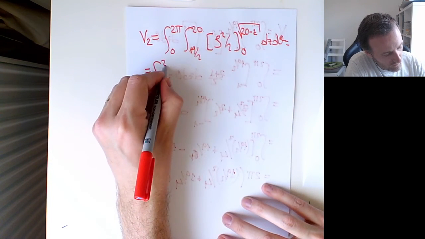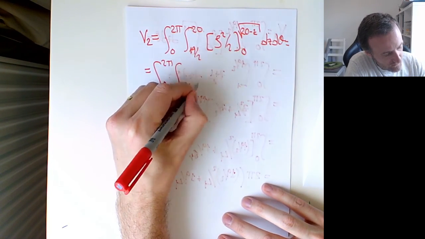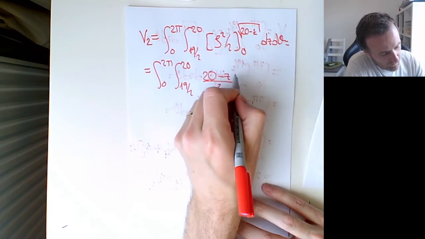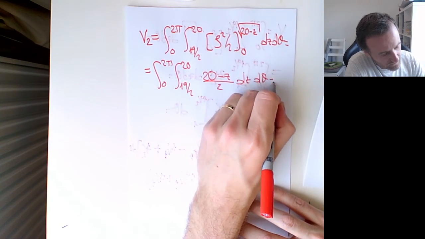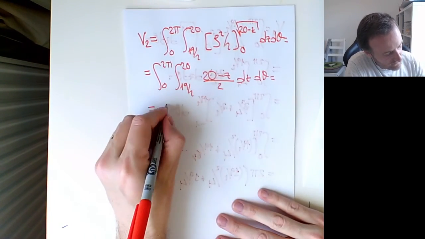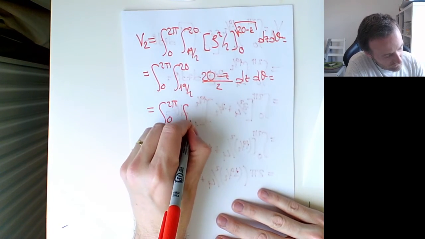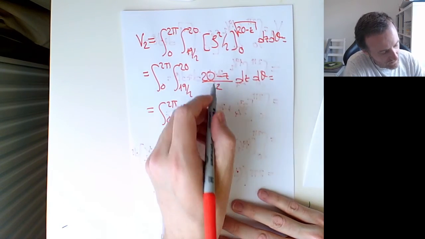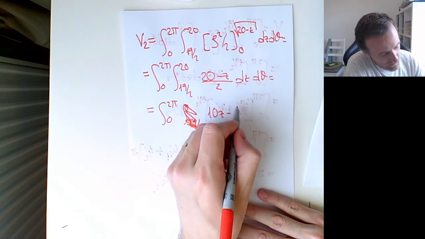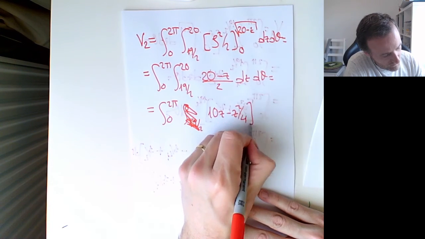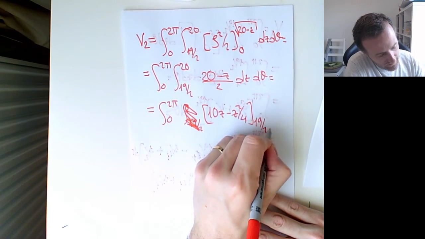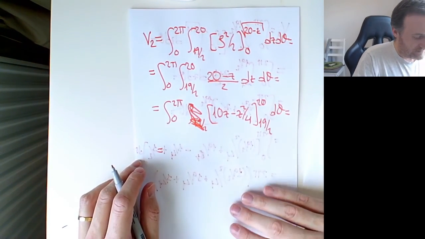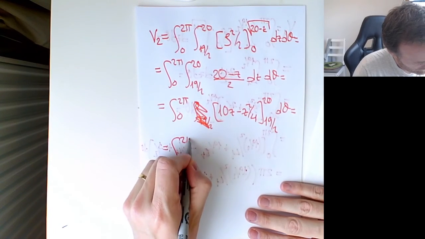So we get the integral from 0 to 2 pi, from 19 halves to 20, of 20 minus z over 2, dz d theta. We integrate again: this is 10z minus z squared divided by 4, between 19 halves and 20, d theta.